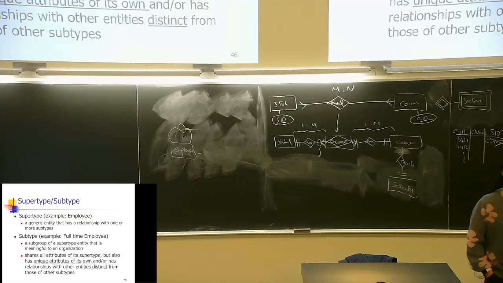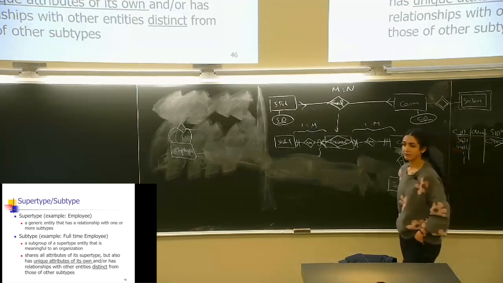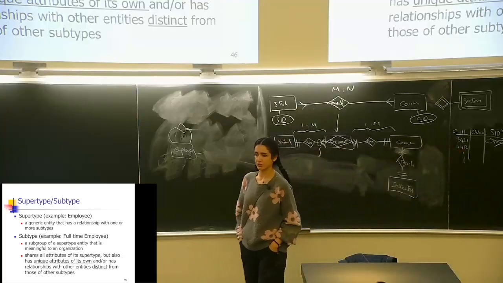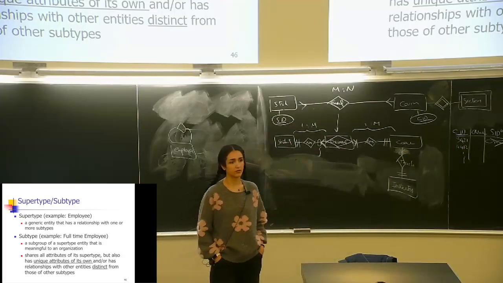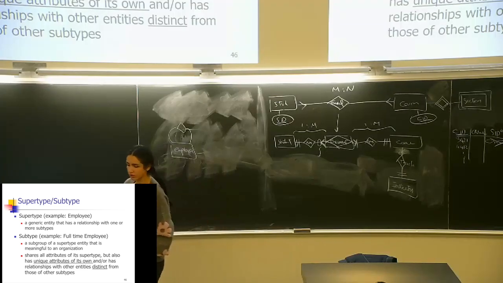For domestic students, you may store personal information like SIN number, etc., whereas for international students, you may store other information. So they may have different attributes, and they share all attributes of their supertype, but also have unique attributes of their own and relationships with other entities distinct from those of other subtypes. I'm going to explain this with an example so you better understand how it works.